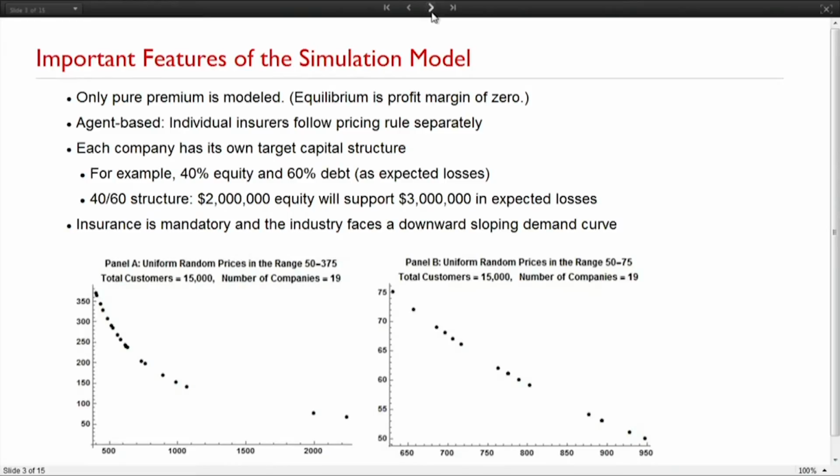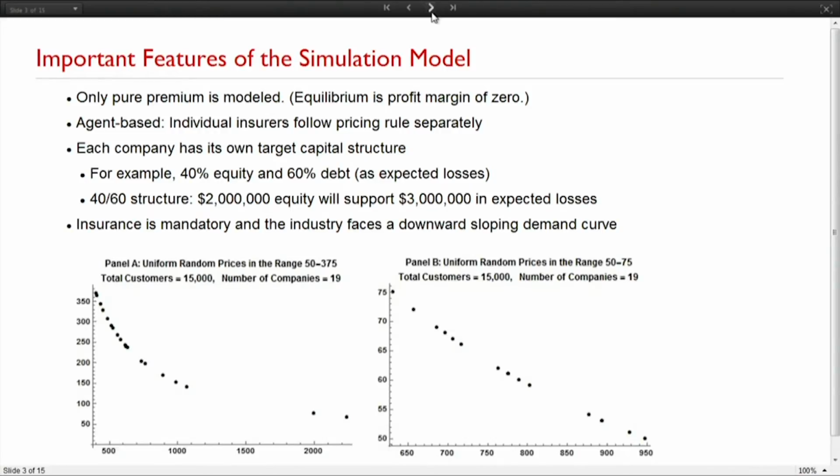My simulation is agent-based. Individual insurers following a pricing rule separately. As you'll see, I've got 75 insurance companies in my simulation. Each of them are acting on their own. They're all following the same pricing rule, but they all have their own circumstances, losses and target capital structure.